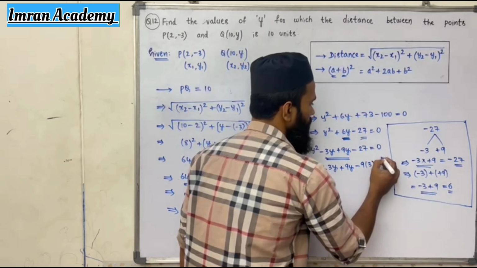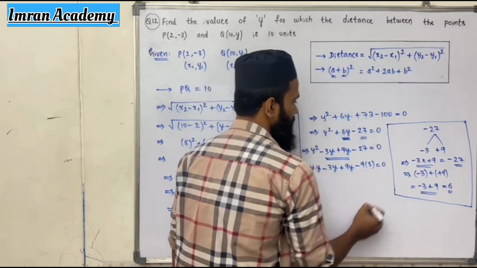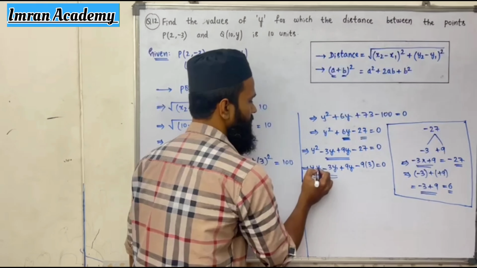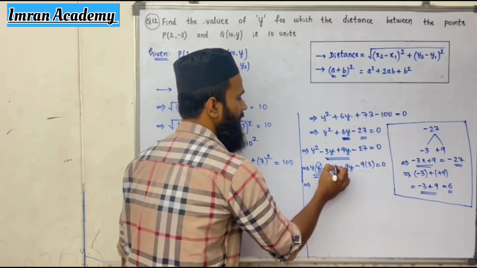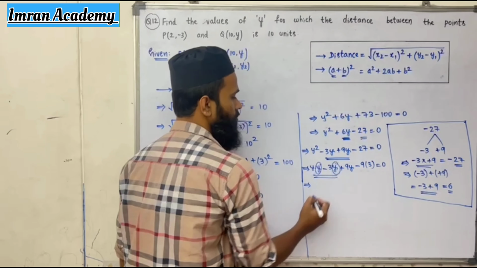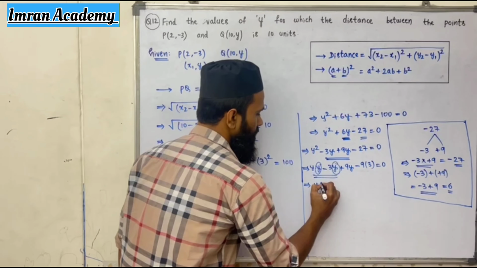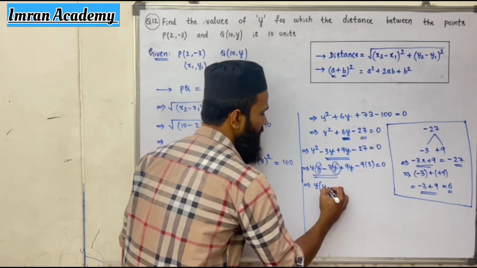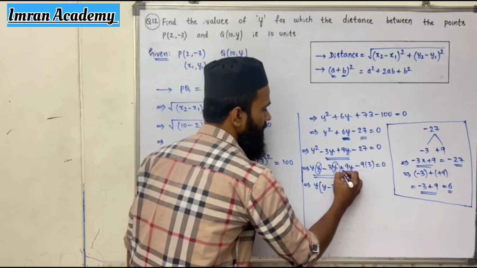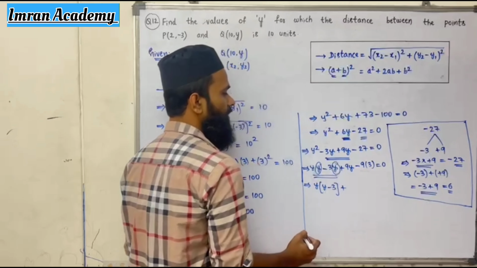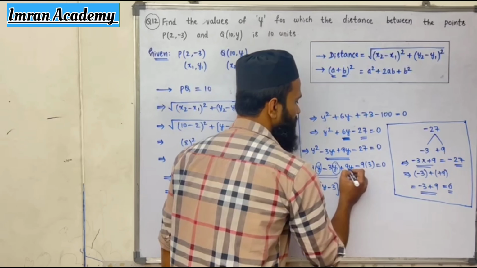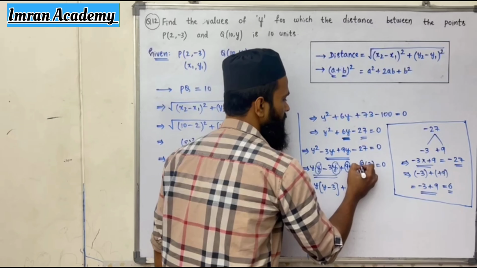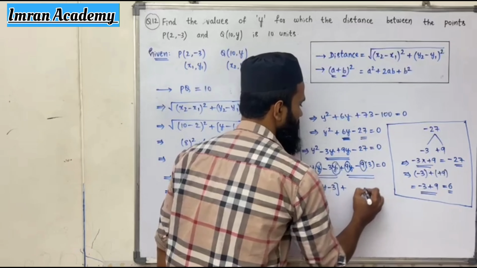That implies here we take y as common from these two terms. That is y into (y minus 3), plus here we take 9 as common from these two terms.